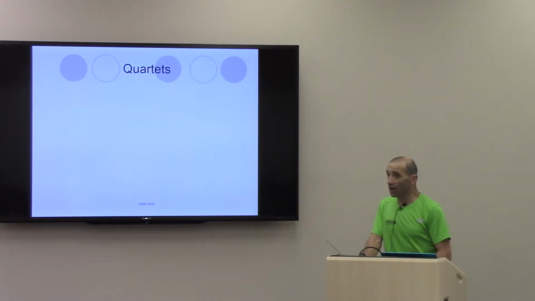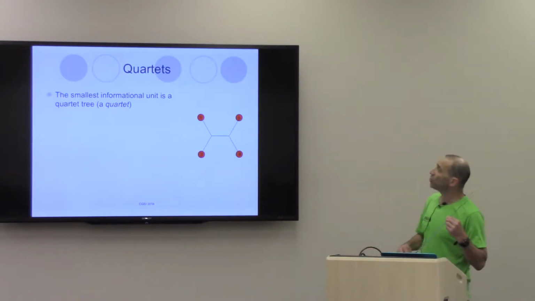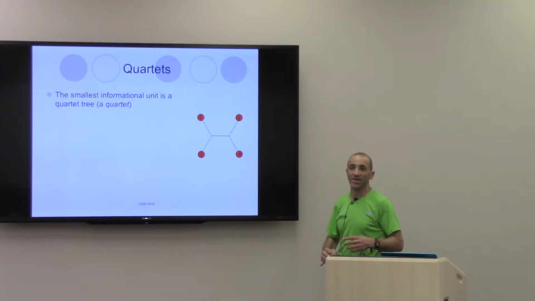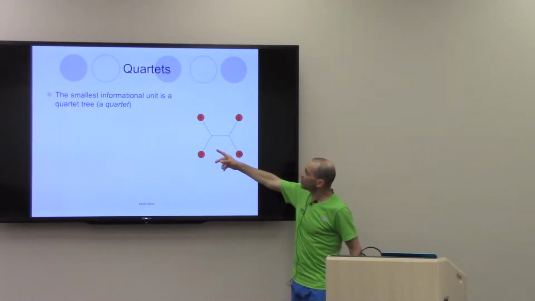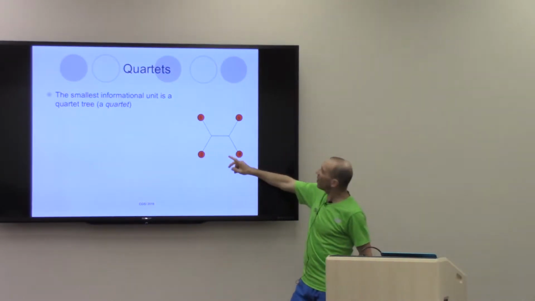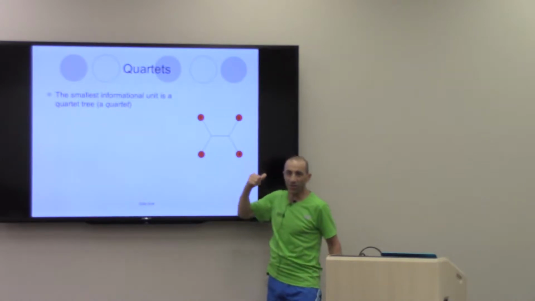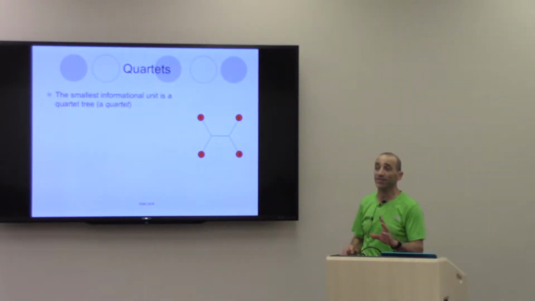Now we again mention what quartets are, and we remember that the quartet is the smallest informational unit, where the only information conveyed here is that 1 and 2 are separated.